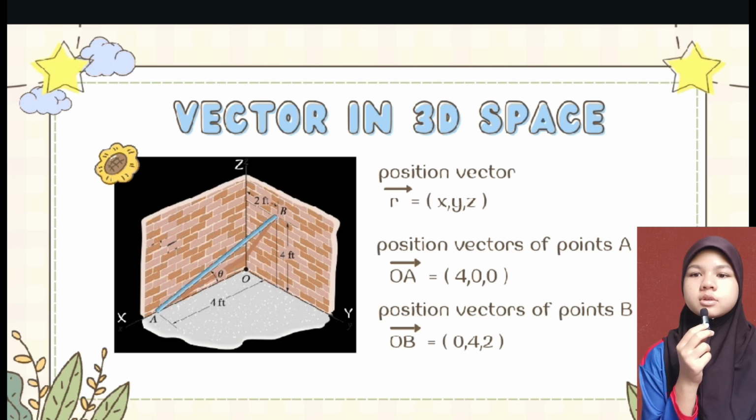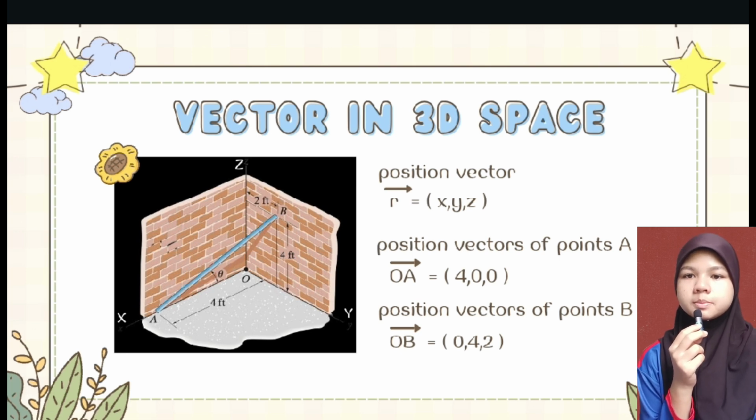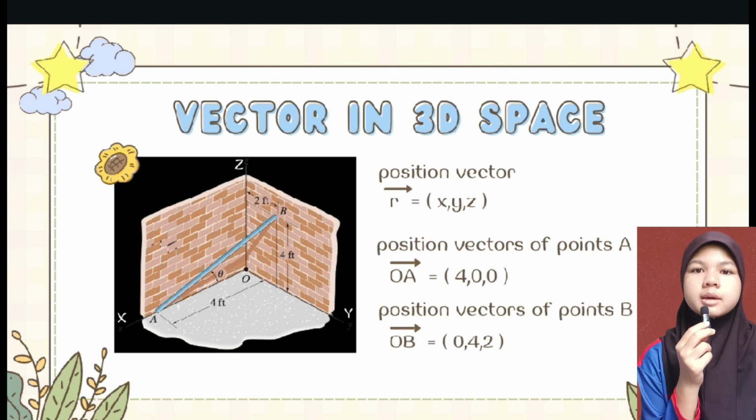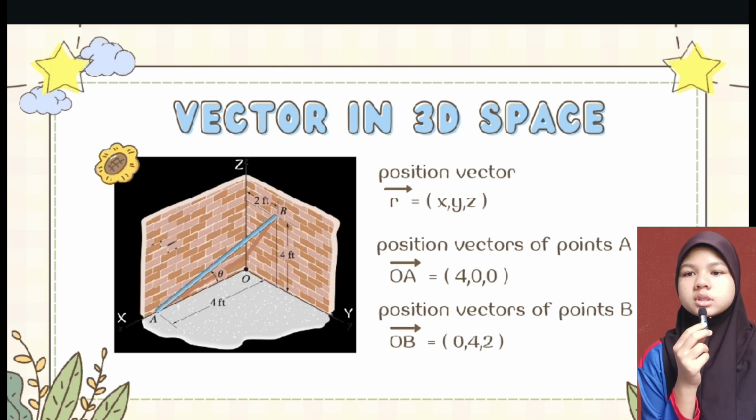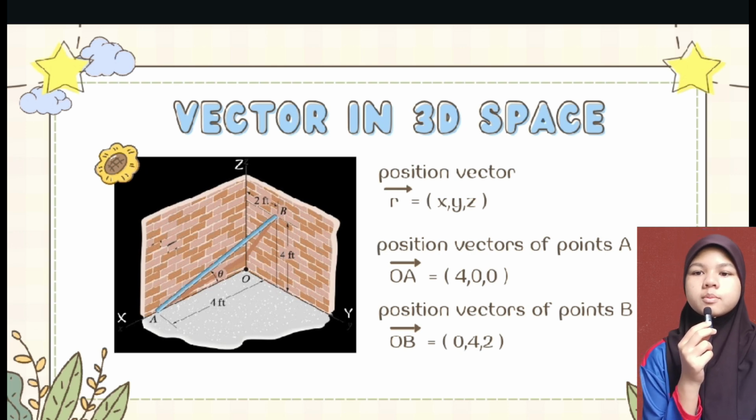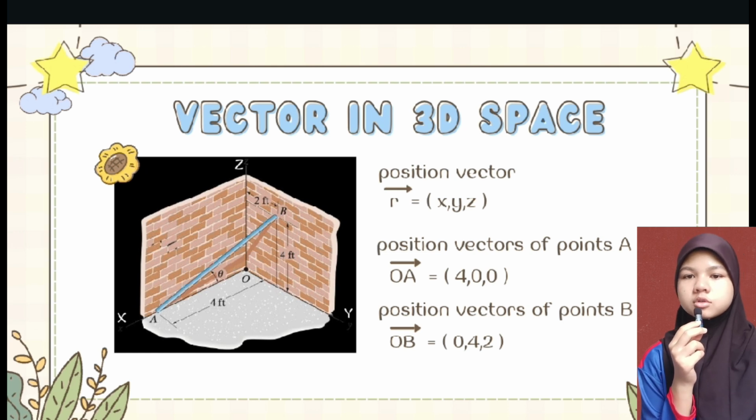So this is a figure of vectors in 3D space. We can see that the position vector is x, y, and z. Next, the position vector of point A is 4, 0, 0, and the position vector of point B is 0, 4, 2.